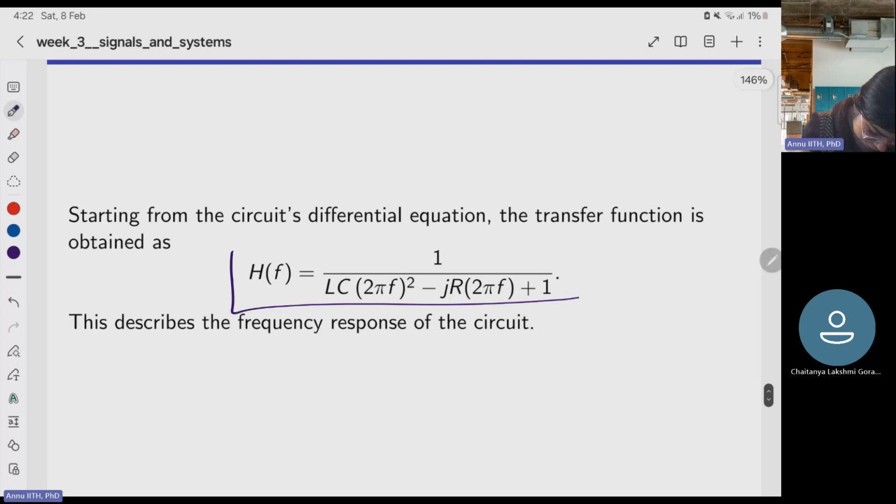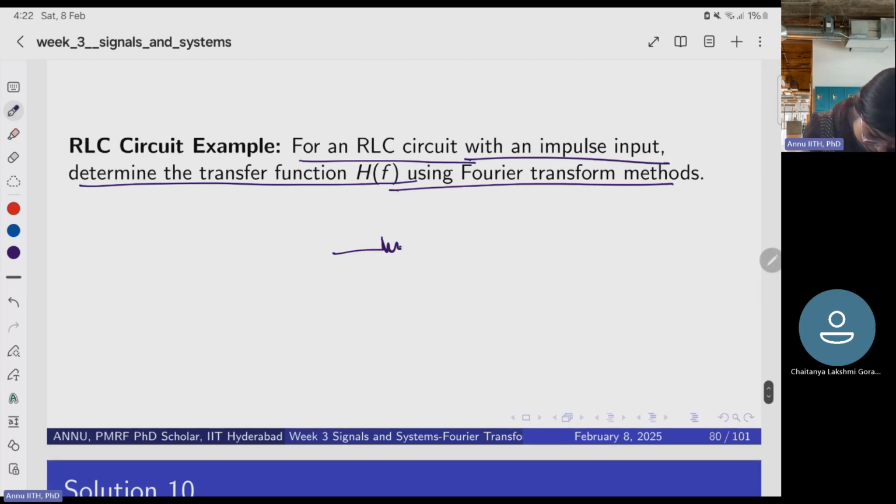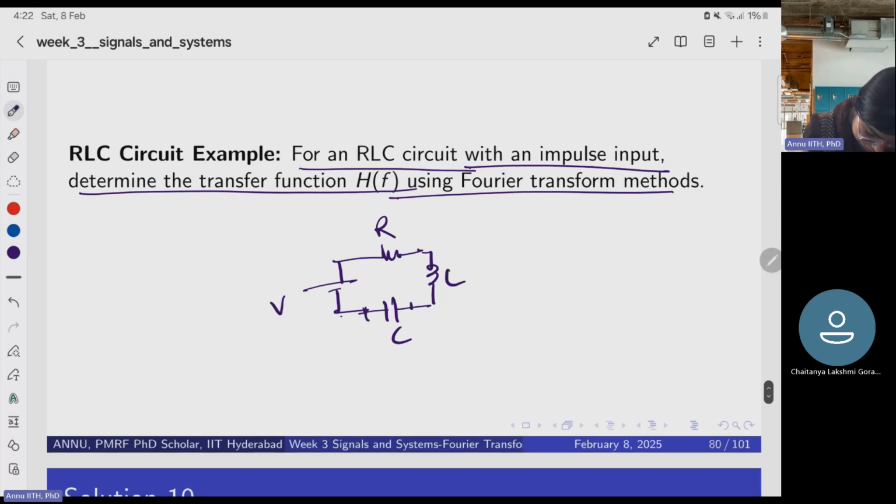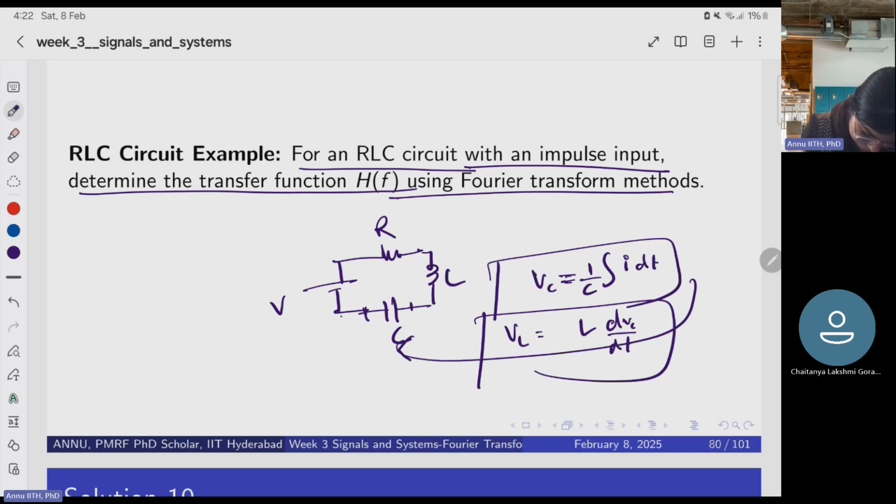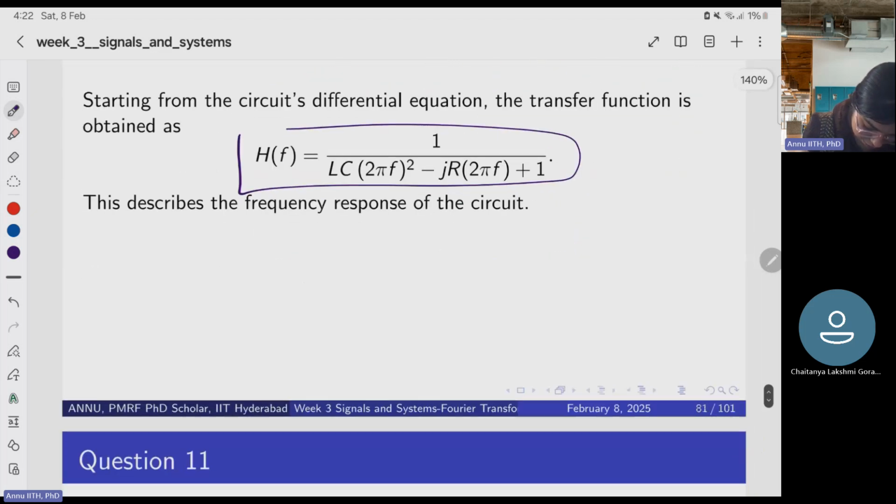RLC means R, L, C. This is V, this is R, this is L, this is C. The voltage across the capacitor is V_C equals 1 by C times the integral of i dt, and the voltage across the inductor is L di by dt. Using this formula, we need to compute this. The H(f) is nothing but this.